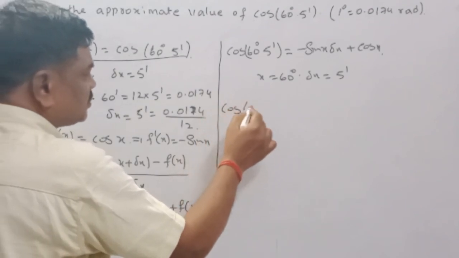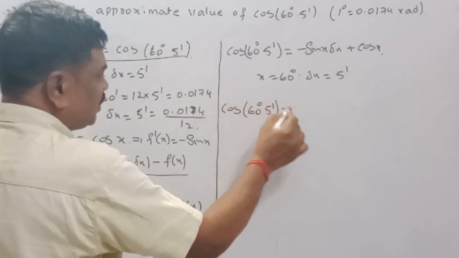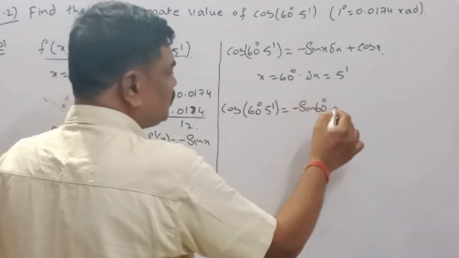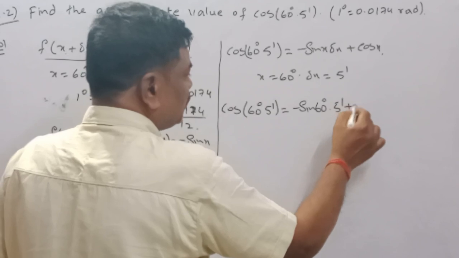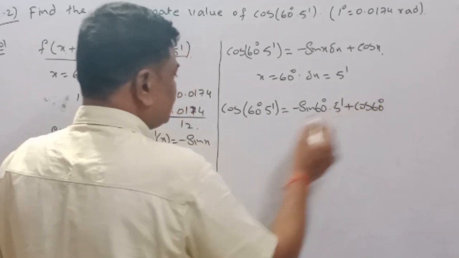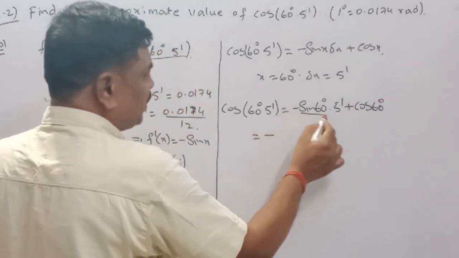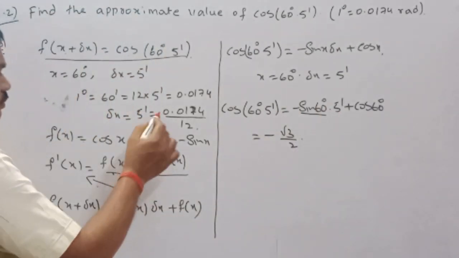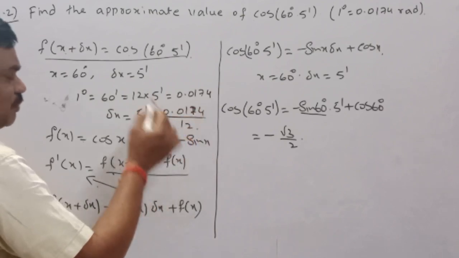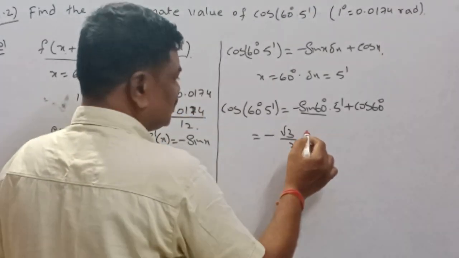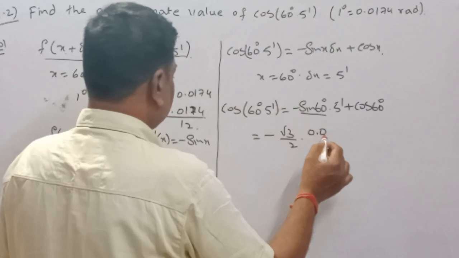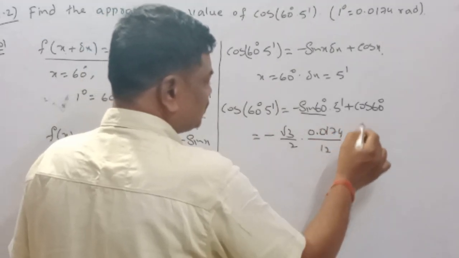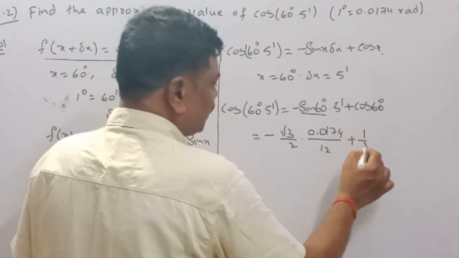So cos 60 degrees 5 minutes is equal to minus sin 60 degrees into 5 minutes plus cos 60 degrees. Sin 60 degrees is root 3 by 2, and 5 minutes is 0.0174 by 12, plus cos 60 degrees, which is 1 by 2.